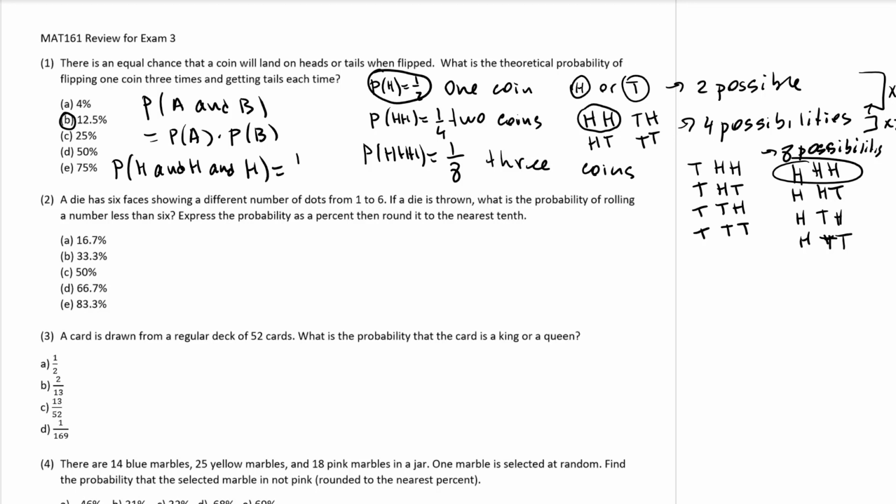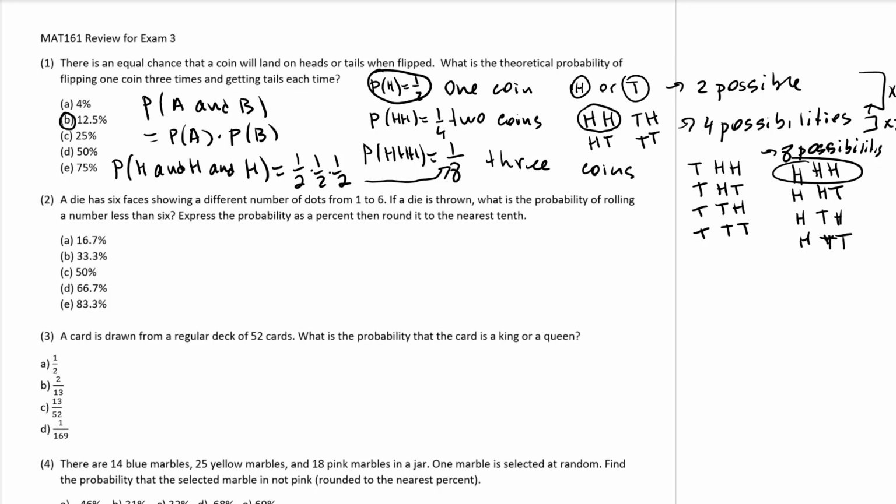So it's 1/2 times 1/2 times 1/2. And that gives you the answer immediately to be 1/8. You see it? You multiplied 1/2 3 times. If it's 4 coins, 1/2 times 1/2 times 1/2 times another 1/2, and so on.